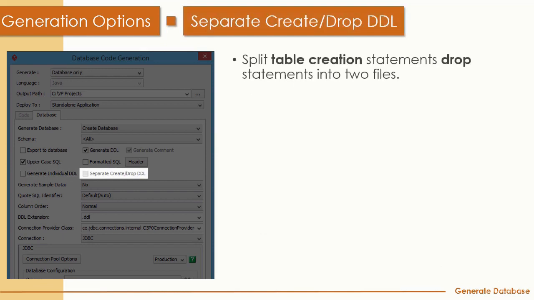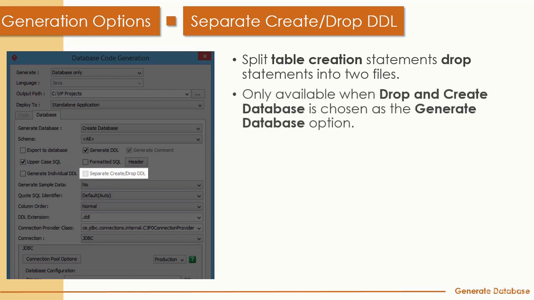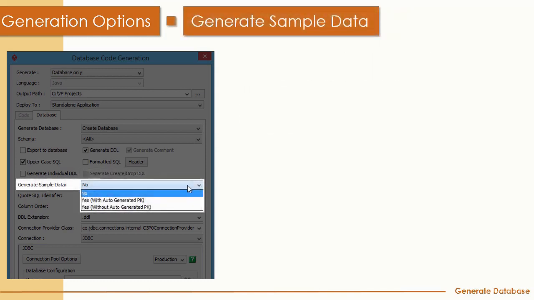You can take this option to split the table creation statements and the drop statements into two files. It is a good practice to avoid dropping the production data. Please be reminded that this option is only available when you pick drop and create database in the generate combo box.